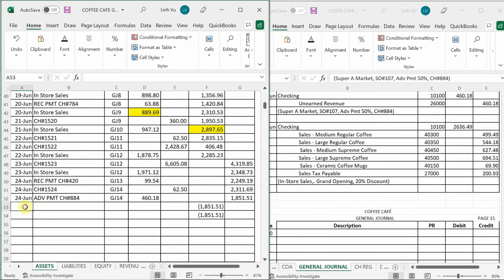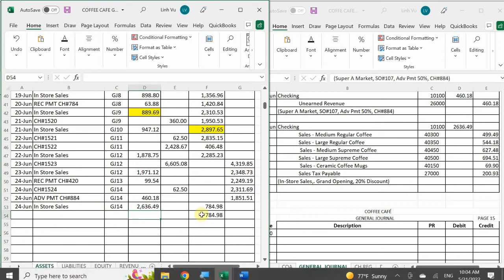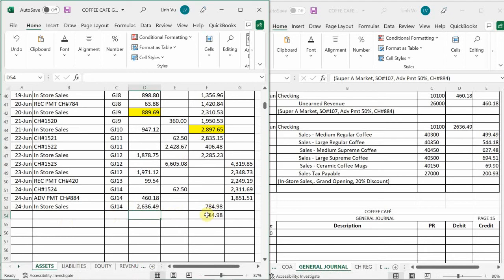I just had in-store sales, which increased my checking account by $2,636.49. So that makes me finally back into the positive for $784.98.